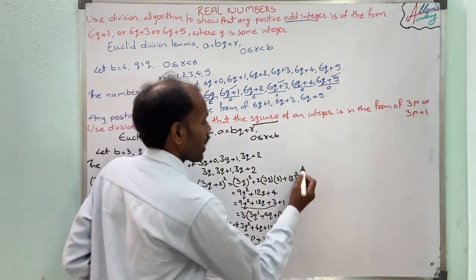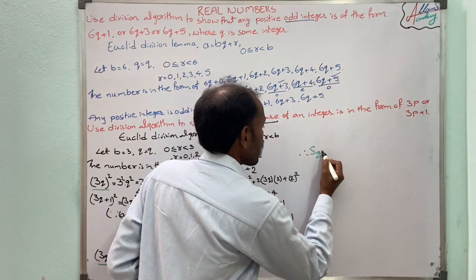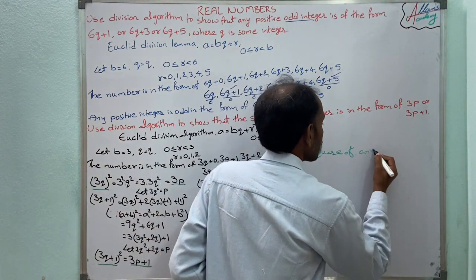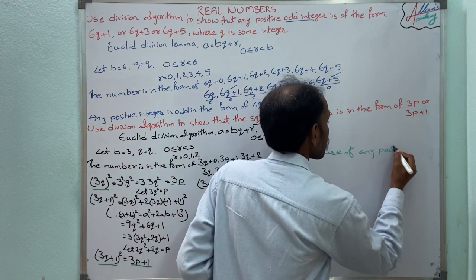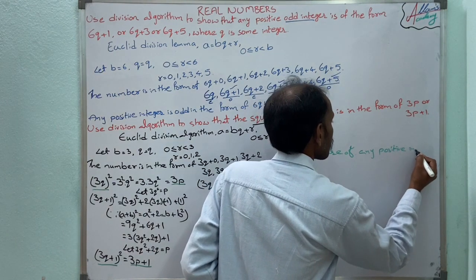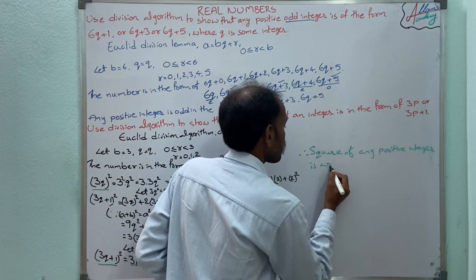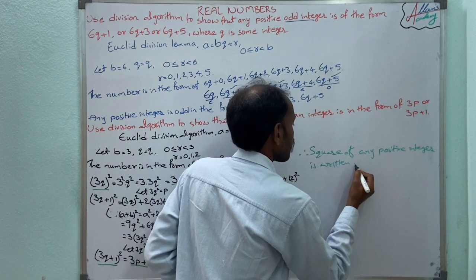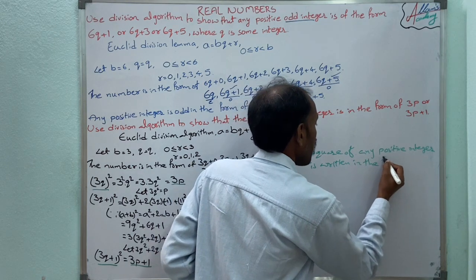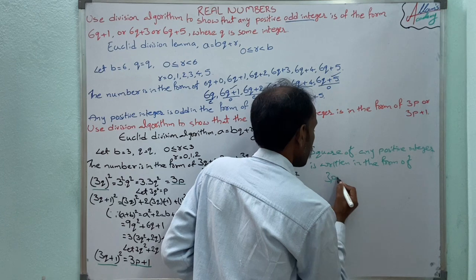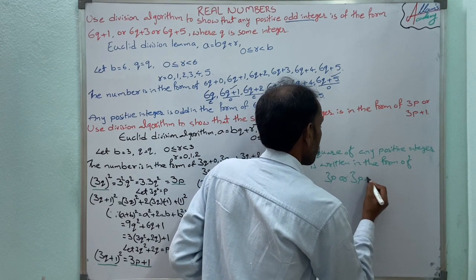So we can conclude that the square of any positive integer is written in the form of 3p or 3p plus 1.